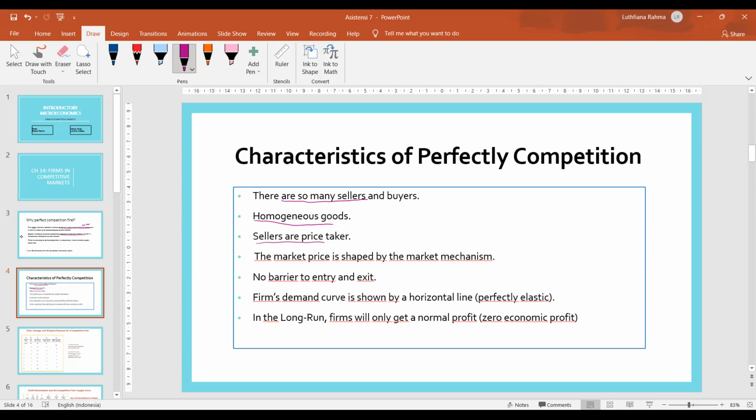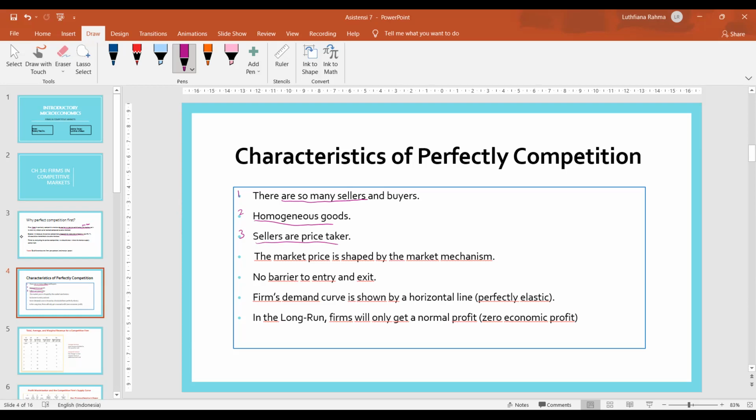The third characteristic is that the sellers are price takers. Why are the sellers price takers? I will number them 1, 2, 3. Characteristic number 3 arises because of characteristics number 1 and 2. There are so many sellers and they sell literally the same goods, so they have no power to sell at the price that they want.